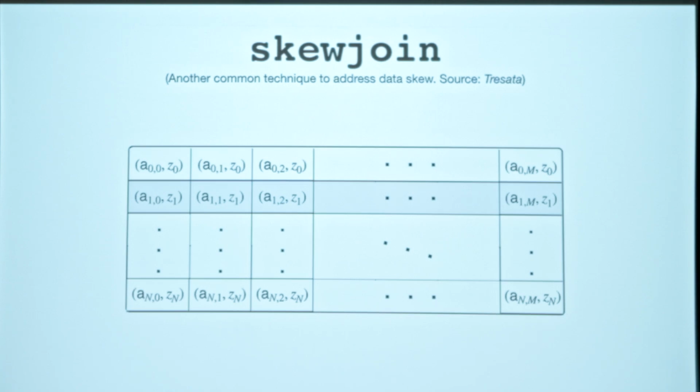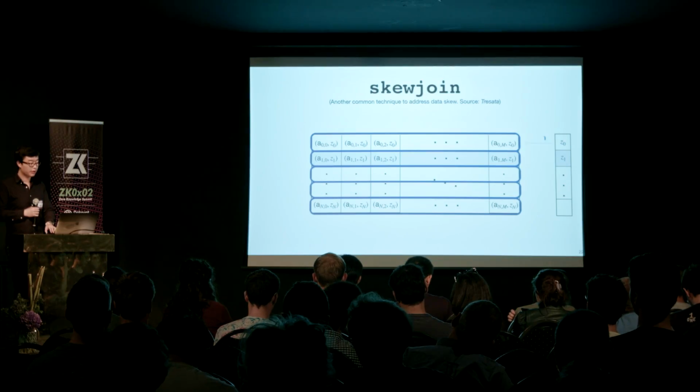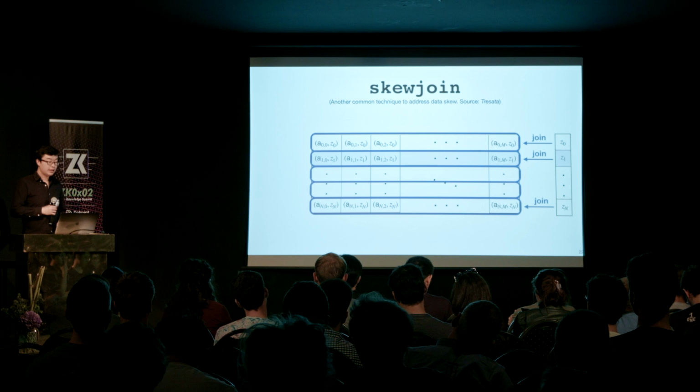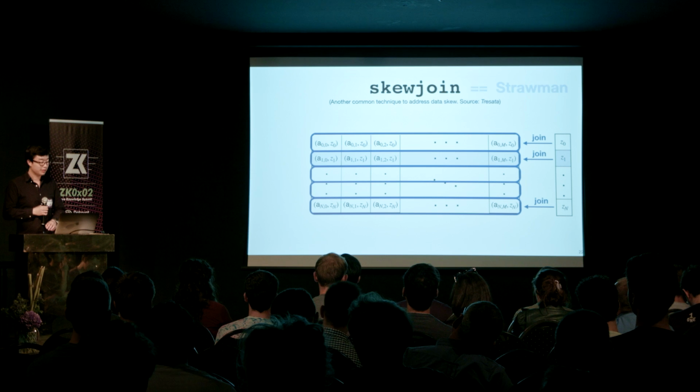So if our matrix A is partitioned row-wise, and we perform a skew join operation with vector z, we see that each partition only needs to access one unique element from the vector z. And in this case, skew join is actually functionally equivalent to the strawman approach we saw earlier.